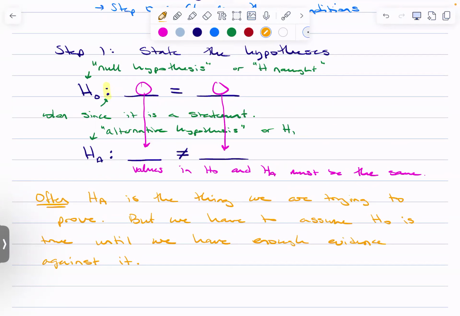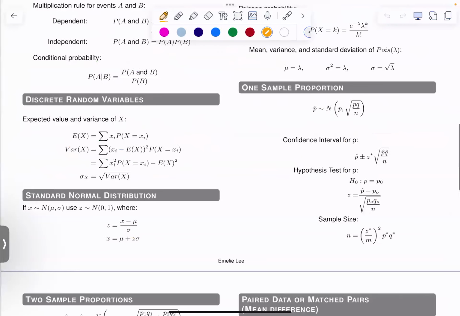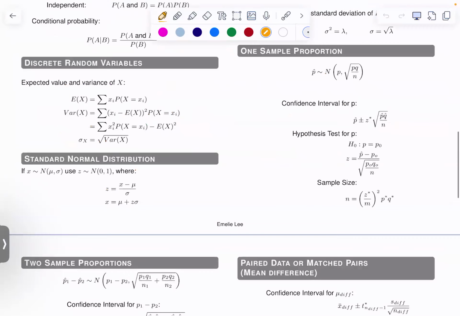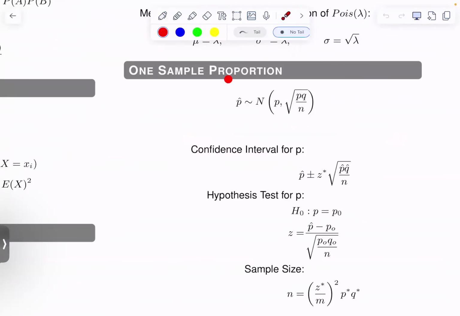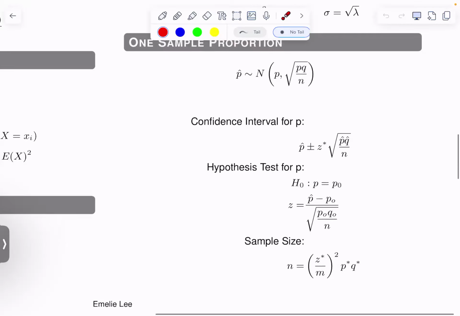Now, you bust out your formula sheet. Once you've decided that you have a one sample proportion, which is what we will have in the next couple of days here, we're safe to just jump here.